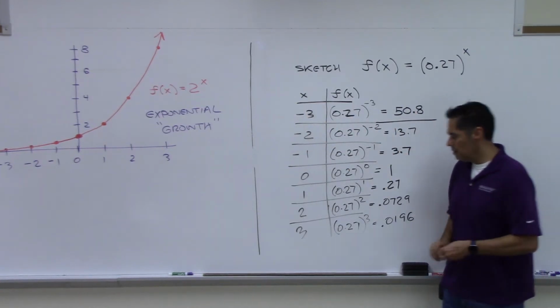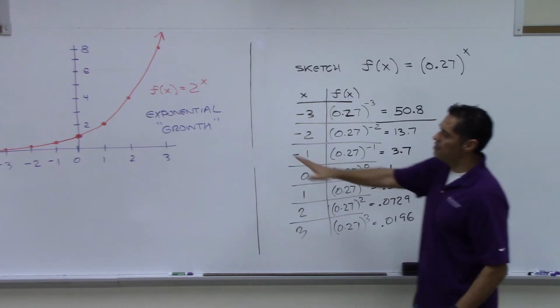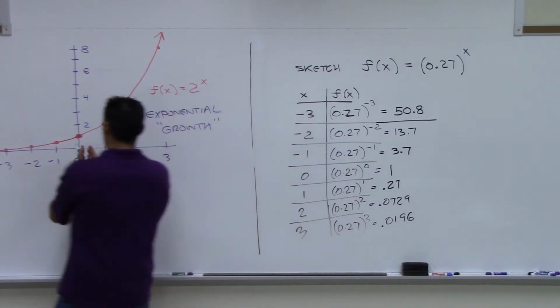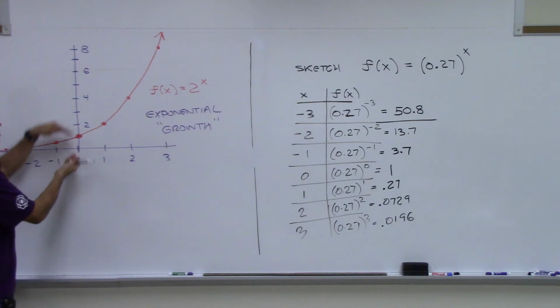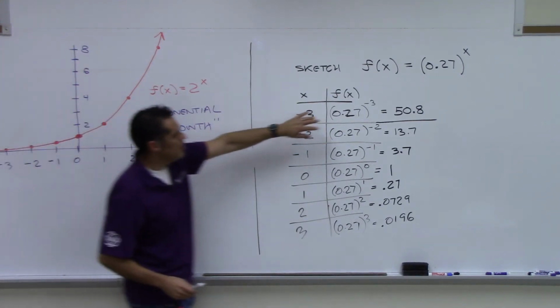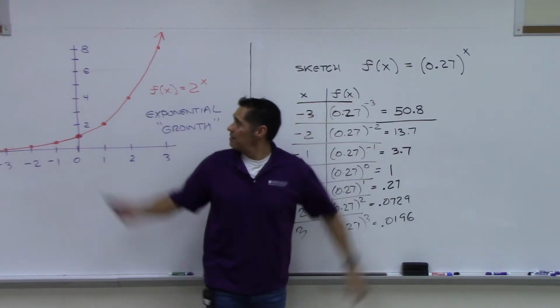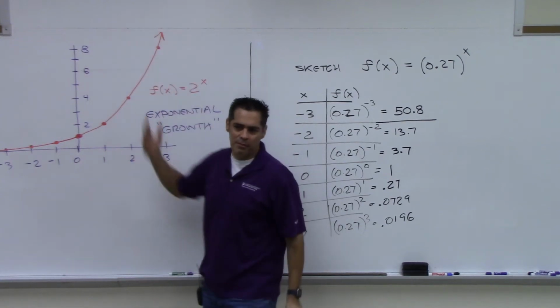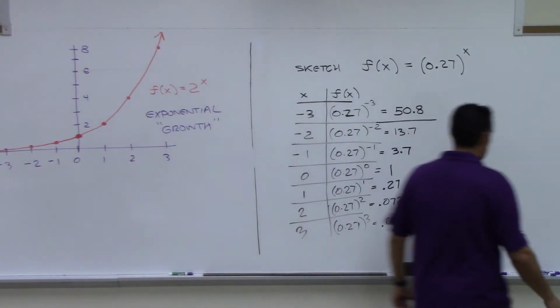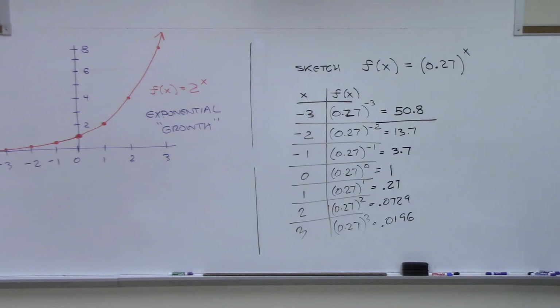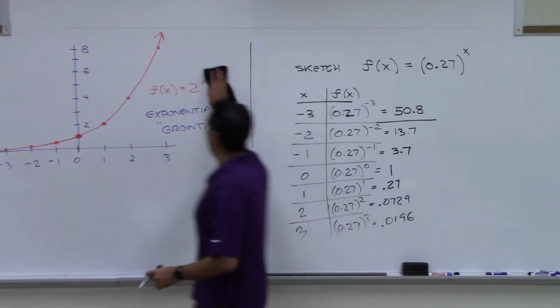So I can... Now, unfortunately, I can't use this same graph, right? I could use the same x-axis, but I can't use the same y because look at our biggest y value here is 50. And yeah, I just can't, unfortunately. I'm going to have to put this on a different picture. So let me just erase this one.